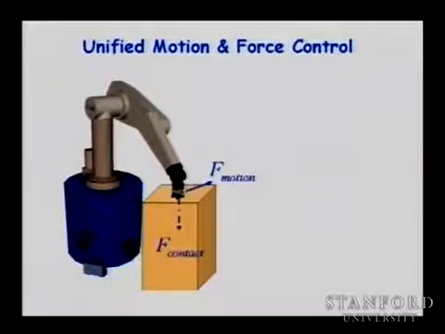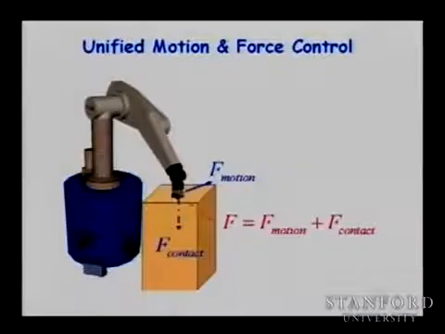And I need to push on the object. I'm doing some assembly, and I'm touching the object and applying a force. To apply a force in some direction, it's very easy. If you know your contact forces, you do J transpose F contact. But now, to move, we are translating the control for motion in terms of F motion. So essentially, we are unifying the two problems.